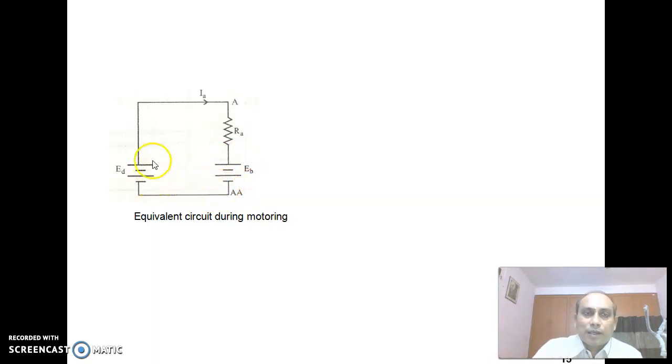The armature current can be obtained by applying the KVL: IA equals the supply voltage minus the back EMF, ED minus EB, divided by RA. As the power is flowing from the supply to the load side, the motor is operating in the first quadrant.